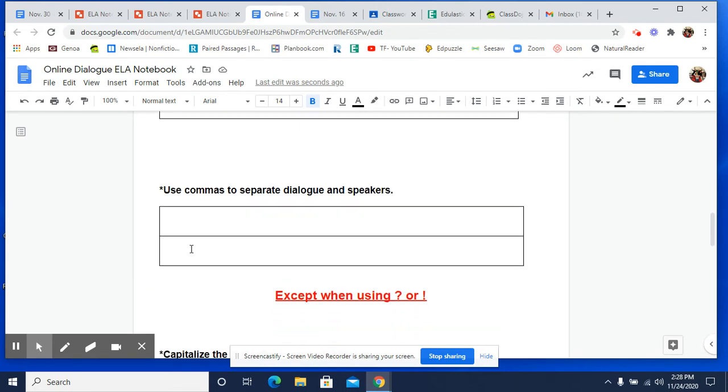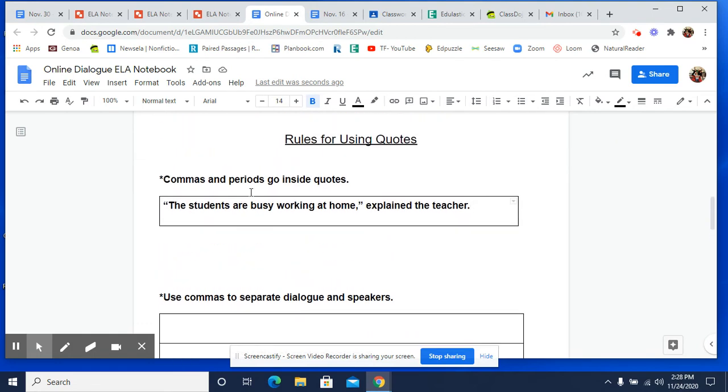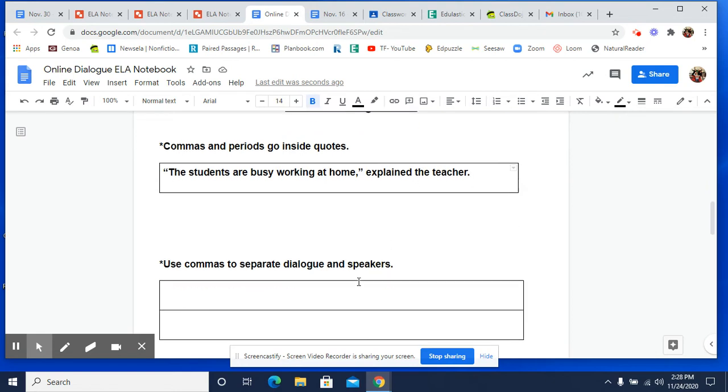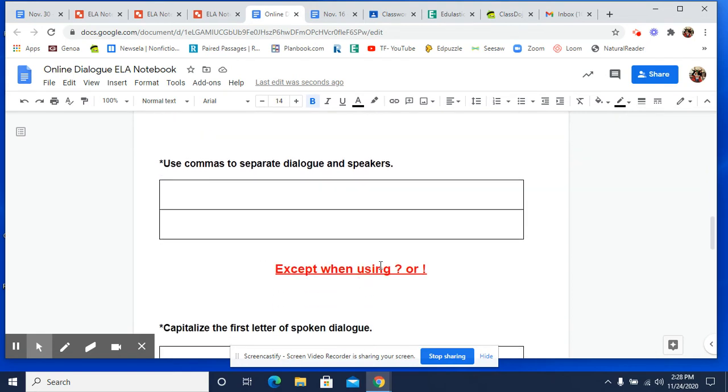Second rule, use commas to separate dialogue and speakers. So what I mean by that is you always have to have a comma to separate what is being said from who is saying it. But notice in red here, except when using a question mark or an exclamation mark.